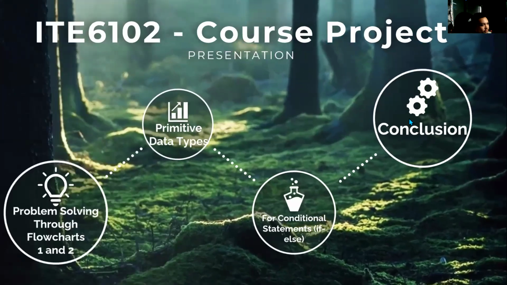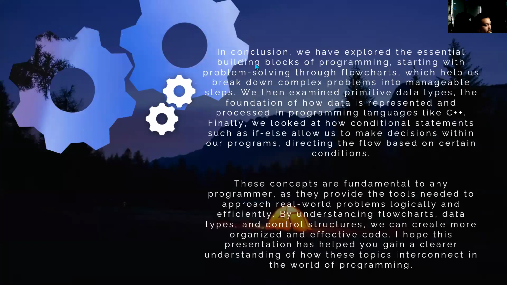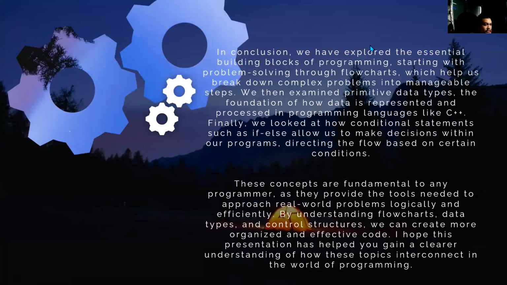And for my conclusion, right, so we have explored the building blocks of programming, right? Problem solving and stuff like that. These concepts and fundamentals provide programmers tools to approach real-world problems logically and efficiently by understanding flowcharts, data types, and control structures.